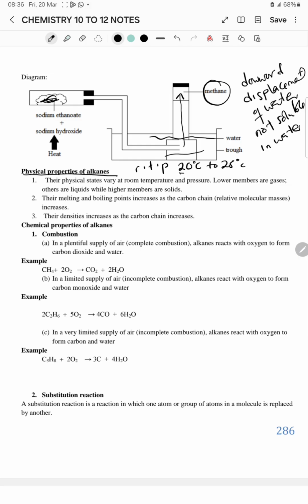So in this range, the lower members are gases, others are liquids, while higher members are solids.